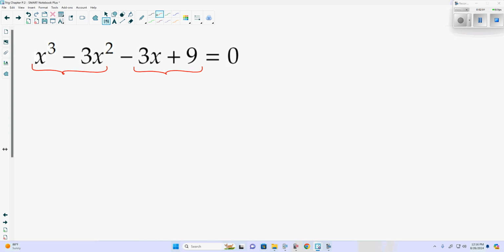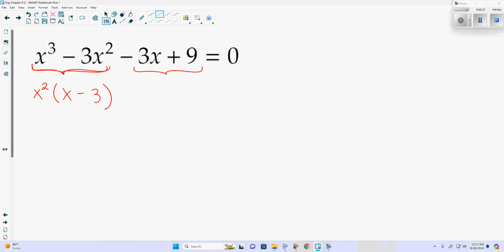So if we look at the first 2, x cubed and negative 3x squared, what is the greatest common factor between these two? X squared. So we'll factor the x squared out, which leaves us with x minus 3. Now our next one is negative 3x plus 9.